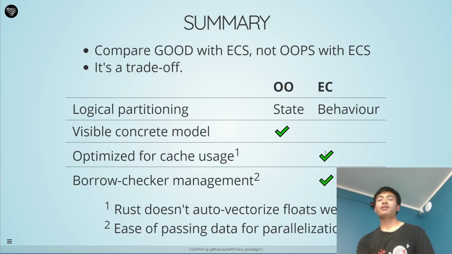In ECS, I give it a tick there because you kind of get cache-friendly layout for free, but you can have cache-optimized compiled code for object-oriented code if you have a really smart compiler.